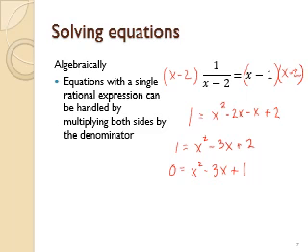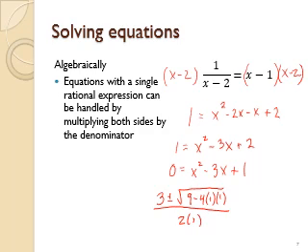Okay, well, the opposite of b would be 3, plus or minus the square root of b squared, -3 times -3 would be 9, minus 4 times a times c, all over 2a. And that should be the answer according to the quadratic formula. And if you simplify it, you get 3 plus or minus square root of 5 over 2.